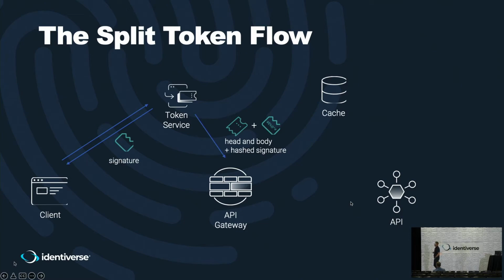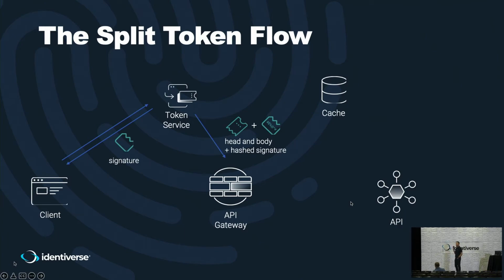The other thing that the token service does is it sends the header and the body and the hashed representation of the signature to the API gateway. It's probably not directly to the API gateway, but it's easier to picture that here. It's probably to a cache that the API gateway has access to and can look things up in. So that takes a little bit more work on the token service, obviously.